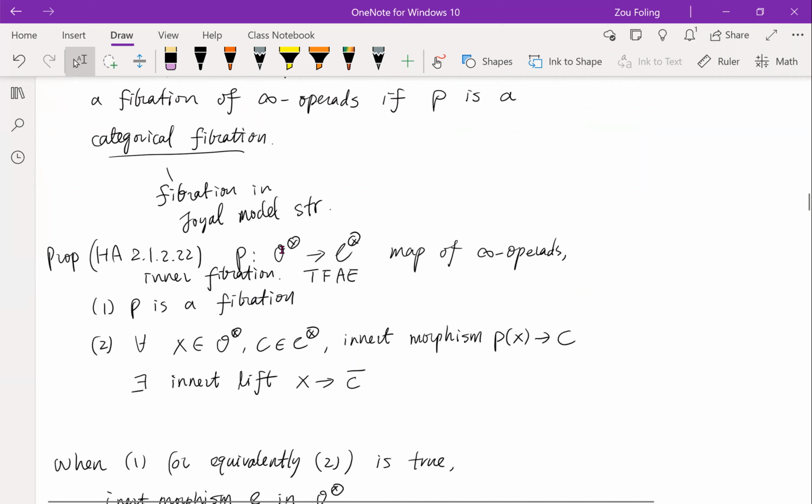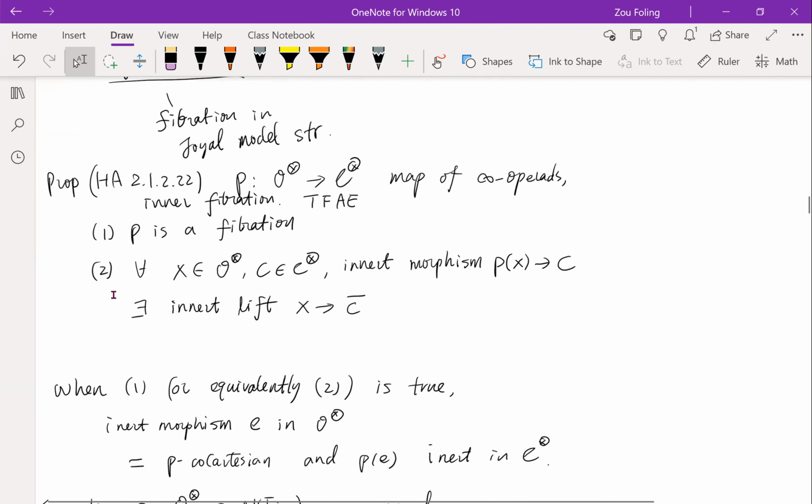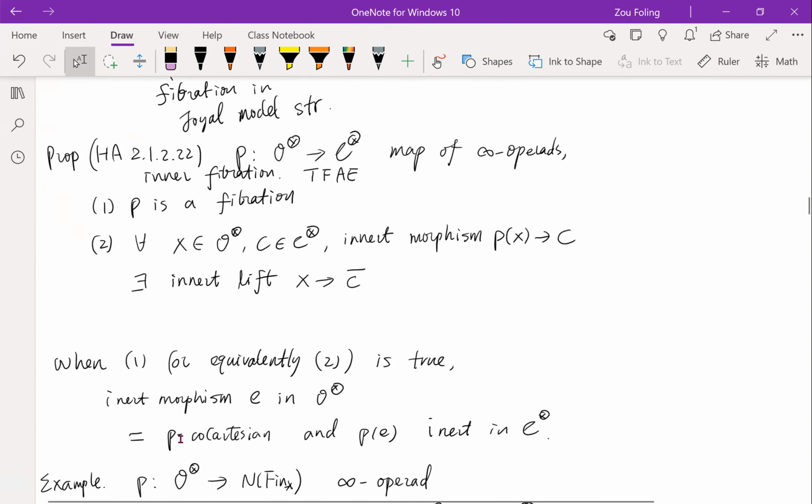I start with objects X here, C here, and inert morphisms below. So fixing the source, I can lift the inert morphism to an inert morphism in O tensor. So that's condition 2. And if either of them is satisfied, then inert morphisms in O tensor are exactly those morphisms being both P co-Cartesian and PE being inert in C tensor.